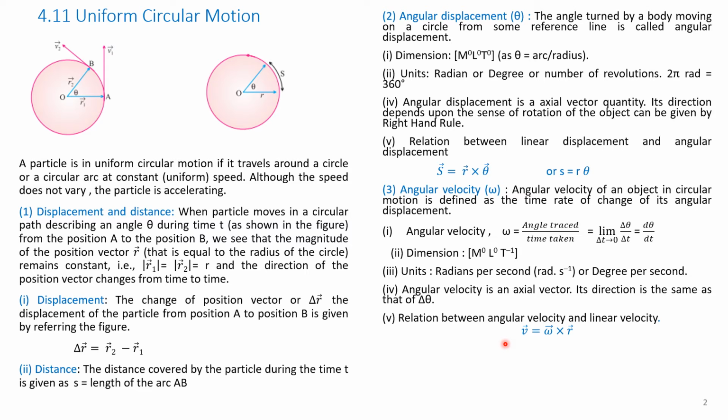It is given by V is equal to omega cross R. For uniform circular motion, omega remains constant, that is, angular velocity remains constant, whereas for non-uniform motion, angular velocity varies with respect to time.